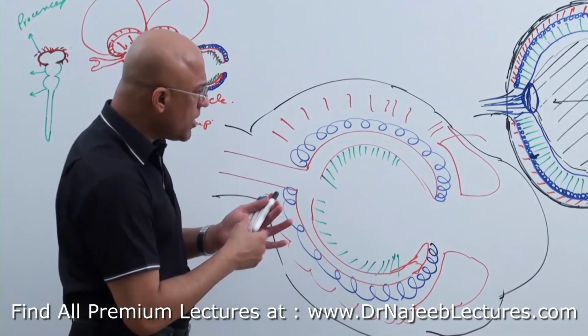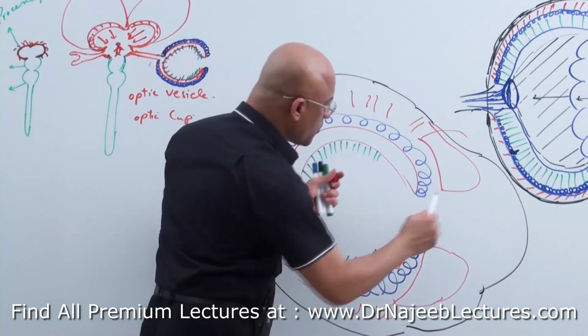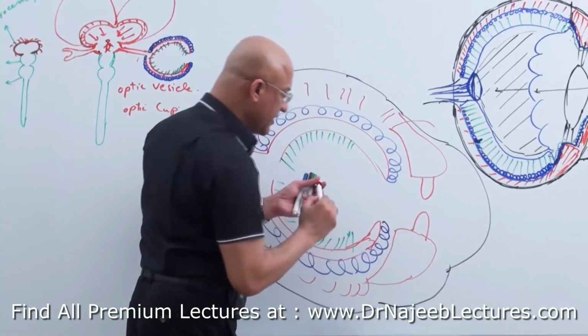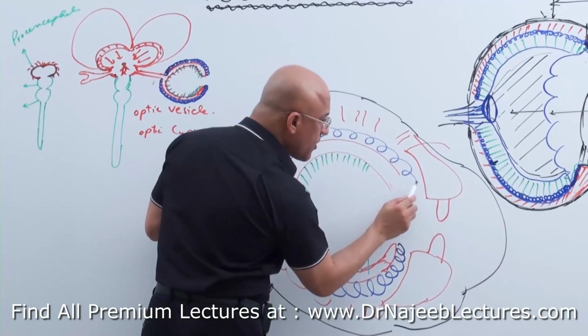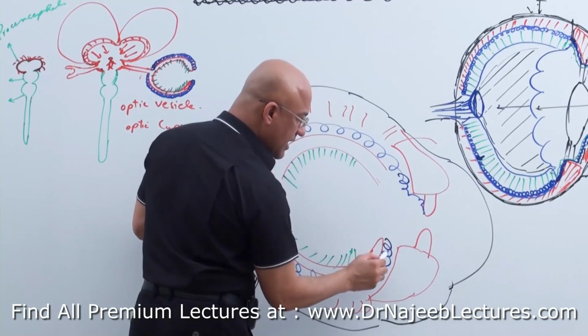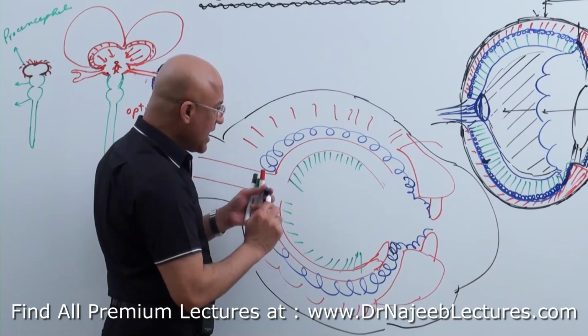Now you can see that, and here is of course what? Your iris. This layer continues up to here, and this also continues up to here. Am I clear?